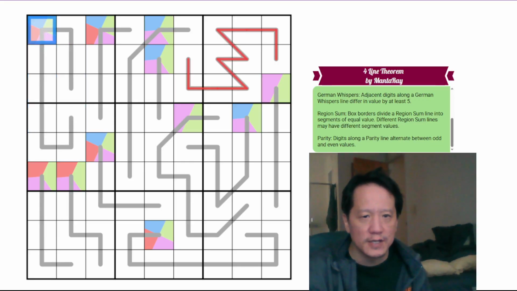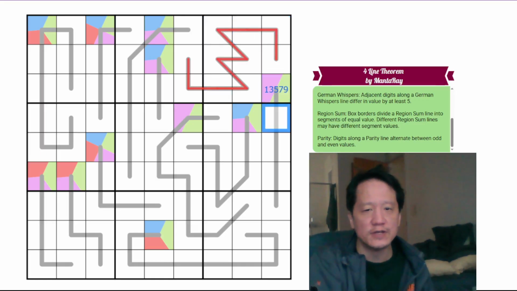So this also cannot be Renban. 1, 2, 3, 4, 5, 6, 7, 8, 9, 10. This can't be Renban. So this is a parity line, which means this is all odds and evens. So this is an odd digit here. We have 1, 3, 5, 7, 9.